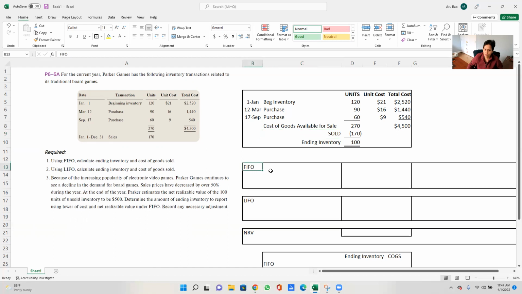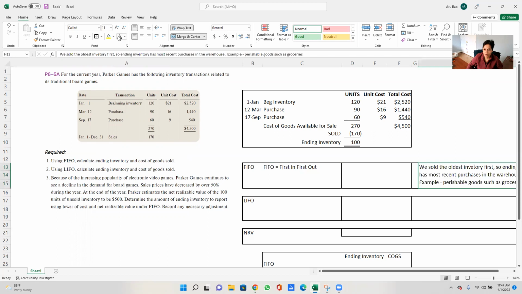Okay, so to start with, what does FIFO mean? FIFO is first in, first out. Okay, so what this means over here is whatever I had available with me in the beginning, that's what I sold first. Then I dipped into the first purchase I made during the year. So I'm going in chronological order. And what stays with me is the ending inventory.